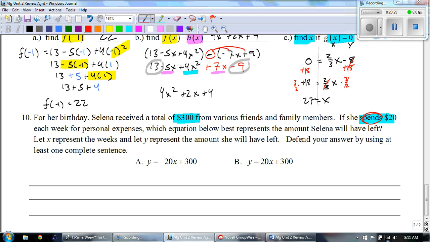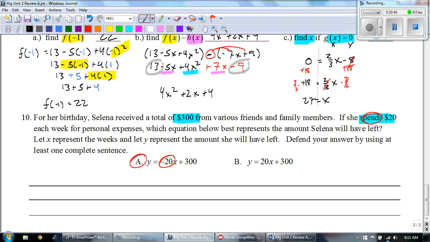Okay, now why? Well, she's spending money, so should she have a positive slope or a negative slope? Yeah, she's spending it, so that is a negative.